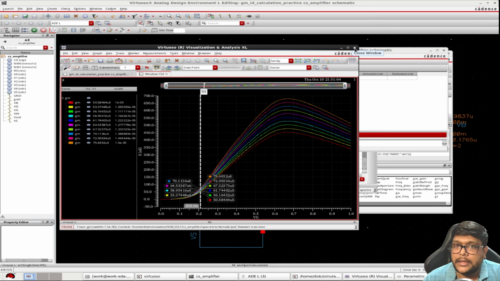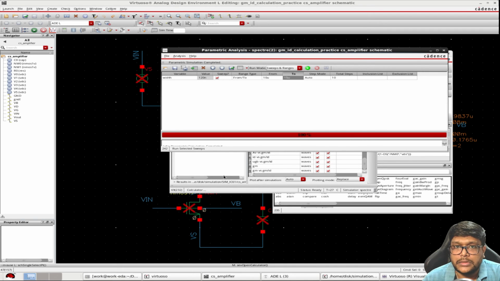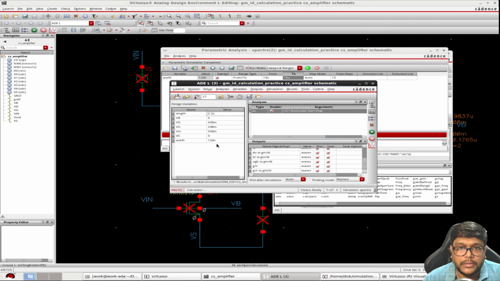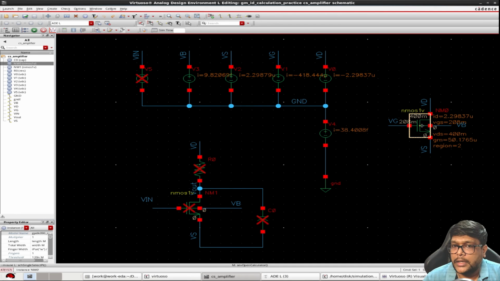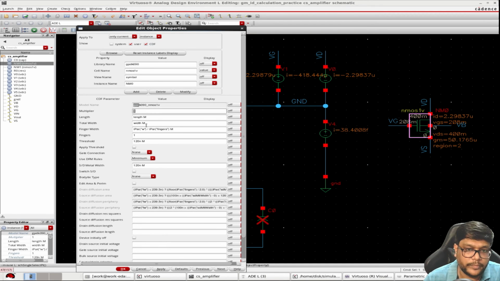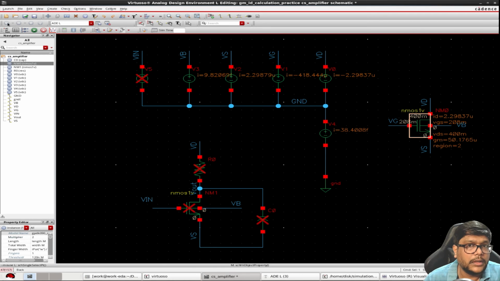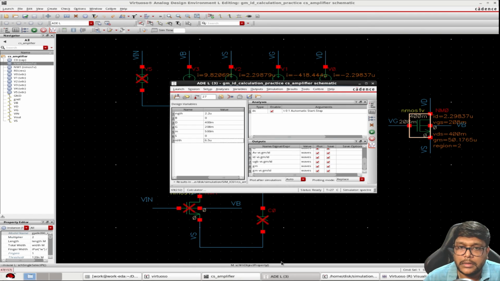Okay, let's take 13. So for 13 what I can do, I can do 6.5 U, and I can increase the multiplier to 2. Okay, let me save this one.